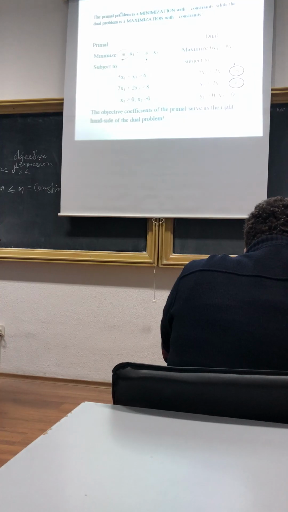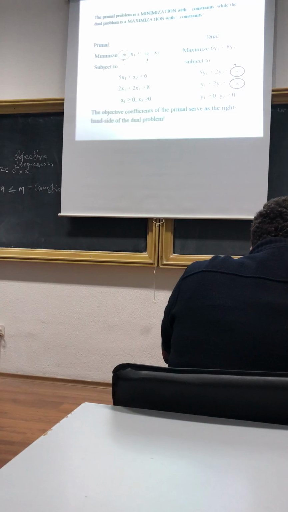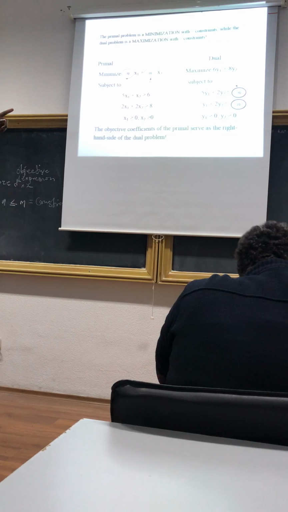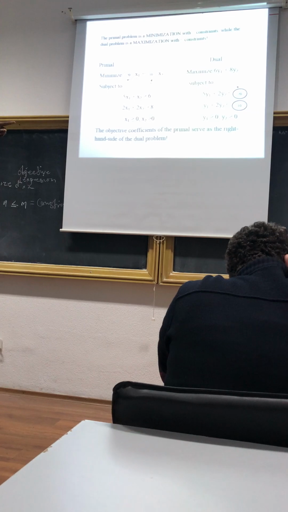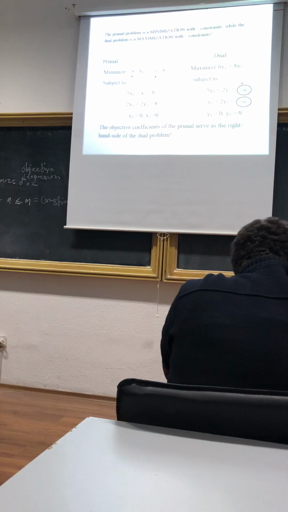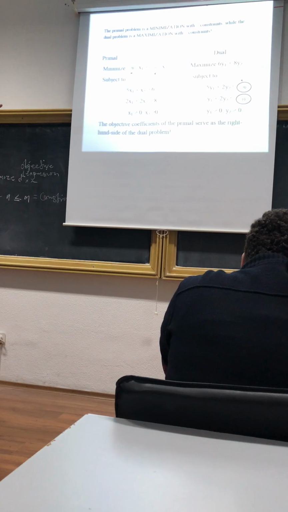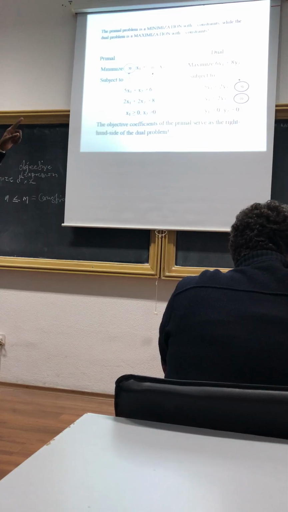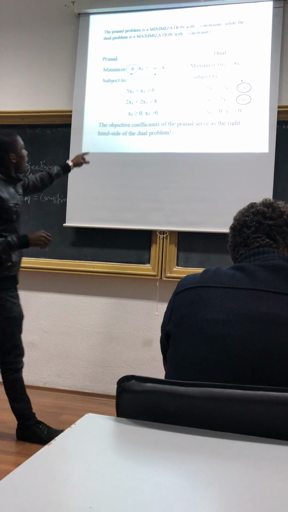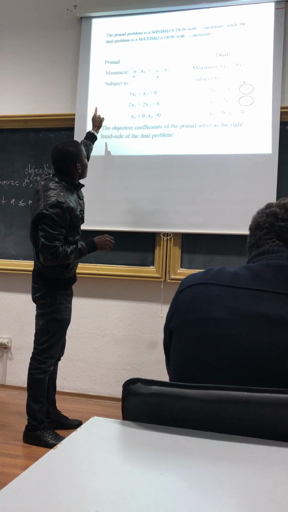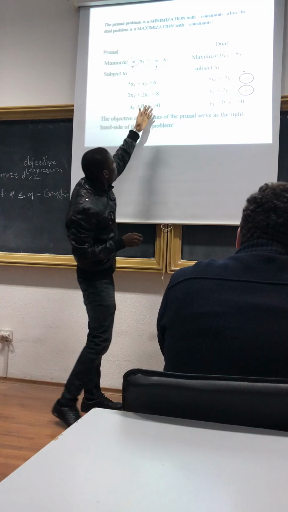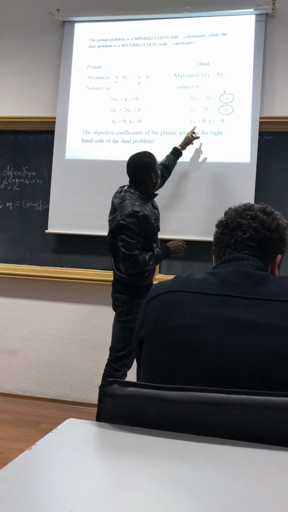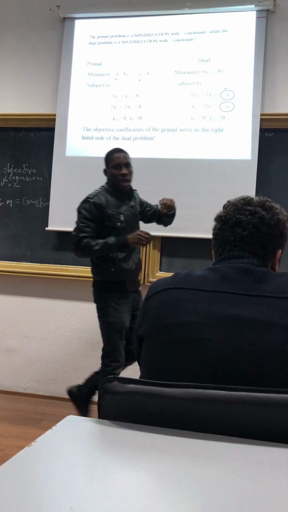So here is another key fact I want to point out. They said the primal problem is a minimization with greater than or equal to constraints, while the dual problem is a maximization with less than or equal to constraints. So if you set the minimization, which is the primal, you have greater than or equal to signs, and if you set the dual, you have less than or equal to signs.